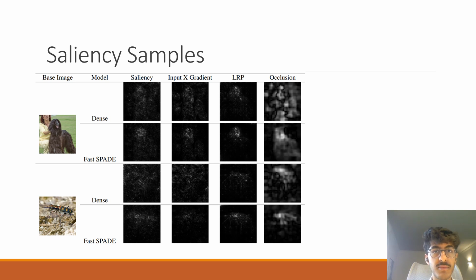We also provide some samples to let readers qualitatively evaluate some SPADE saliency maps. And as you can see, in many of these samples, SPADE's saliency maps are more focused on the right object.